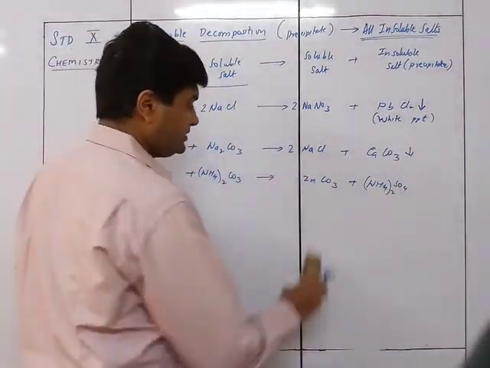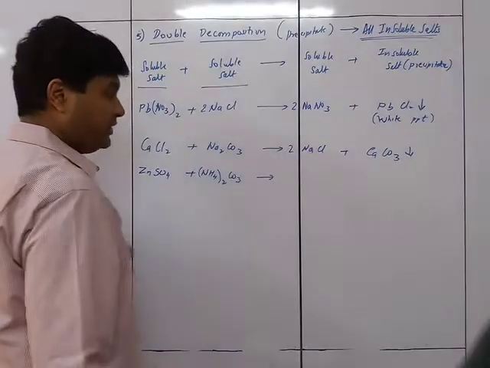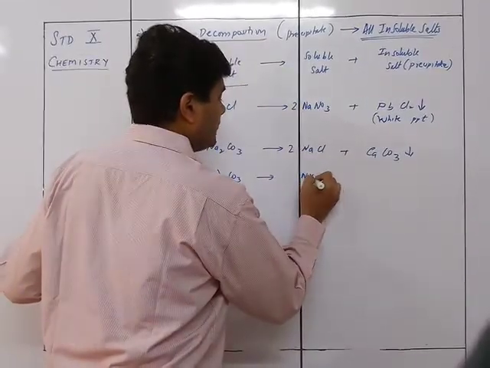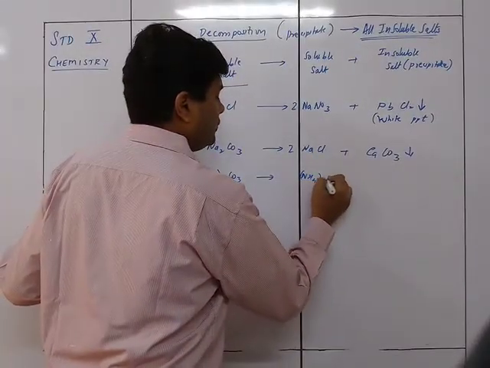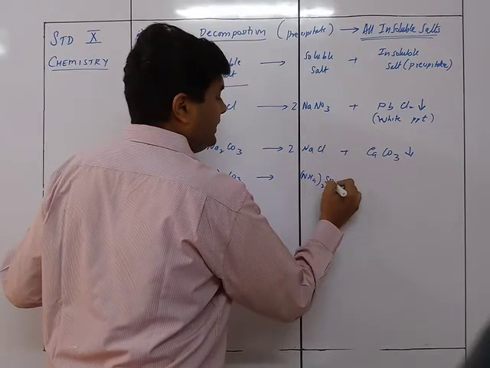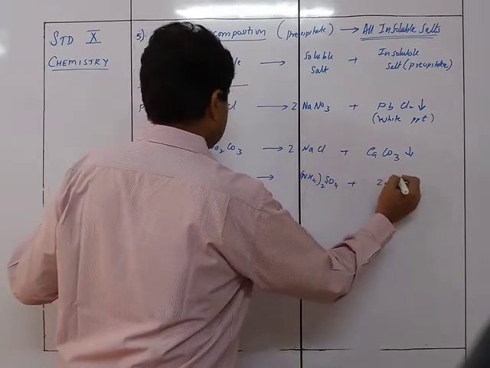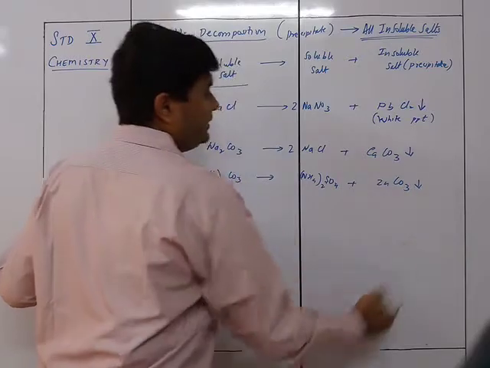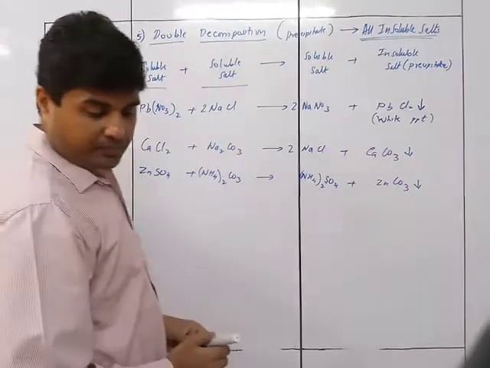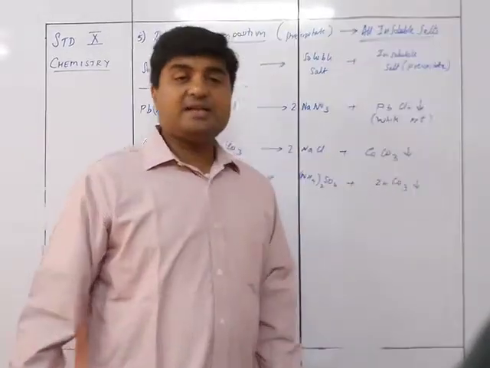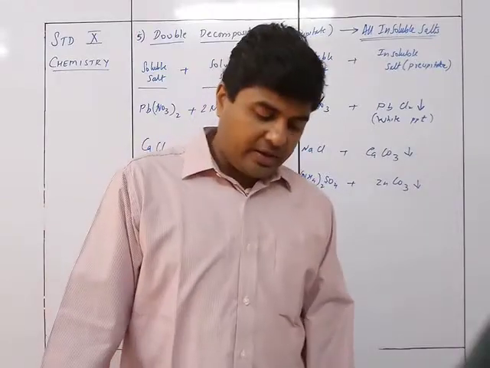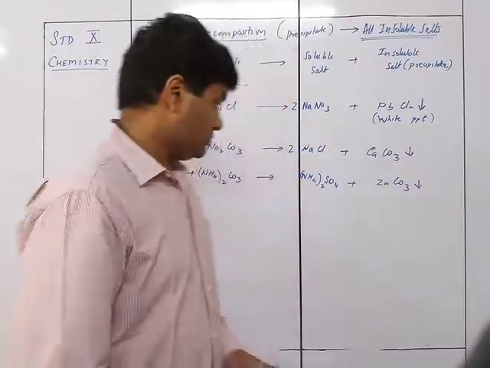Sorry, I made a mistake by writing over here. It is (NH4)2SO4 because this is the soluble part, and ZnCO3 is the precipitate over here. You can take zinc nitrate and sodium carbonate also, right?